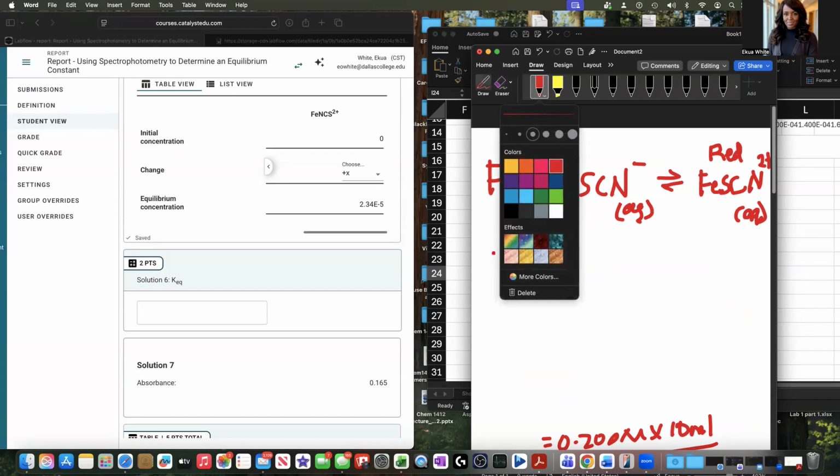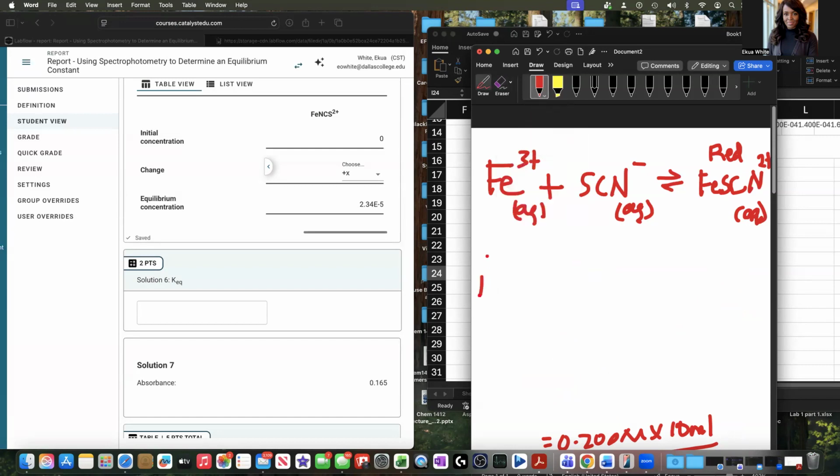K equilibrium is equal to the concentration of iron thiocyanate at equilibrium, the last row, the third row, the one that goes with E, divided by the iron concentration at equilibrium, and then the thiocyanate at equilibrium.